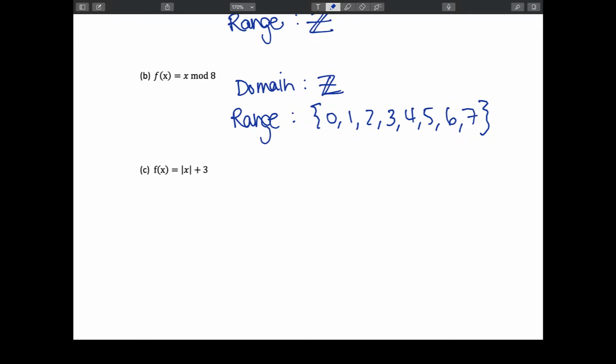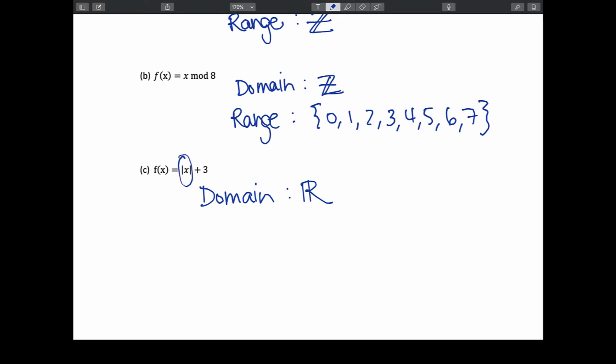Okay, so let's say, again, we can take the domain of the reals for this function, because I can take the absolute value of a real number. But what happens is, if x is negative, then it's going to return the positive version of that. So I'm never going to get anything negative in this absolute value.